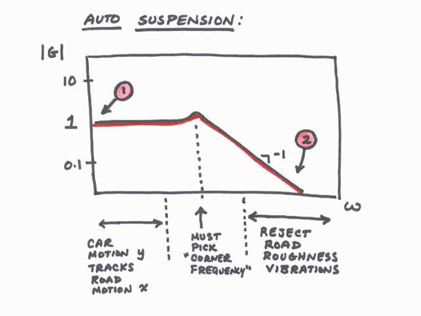So the task of designing the auto suspension's stiffness and damping can be seen as trying to pick the corner frequency, where the slope changes from 0 to -1, appropriately, so as to get the car to follow the low frequency road motion and to reject the high frequency road roughness.